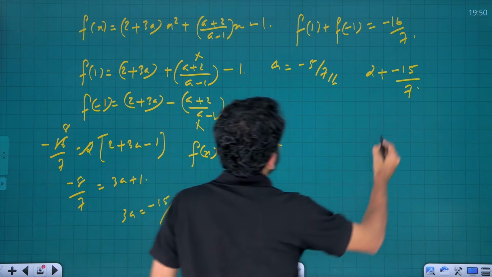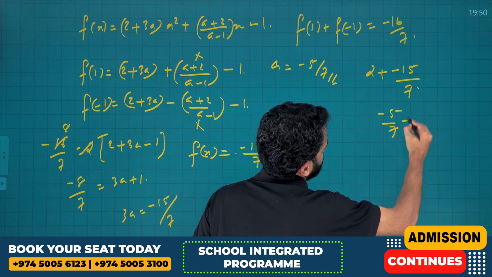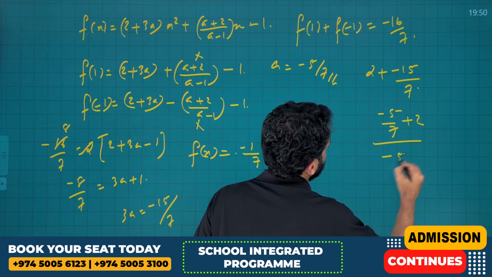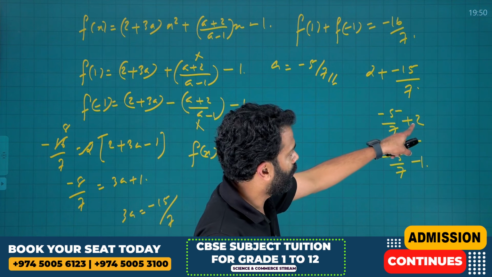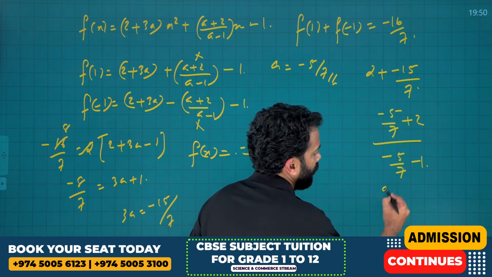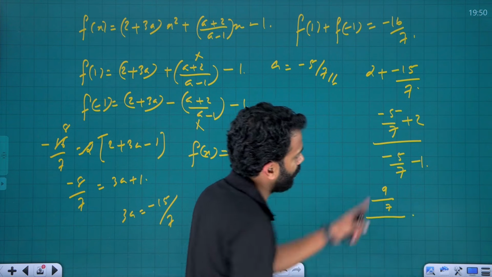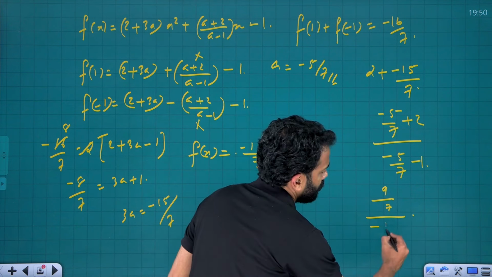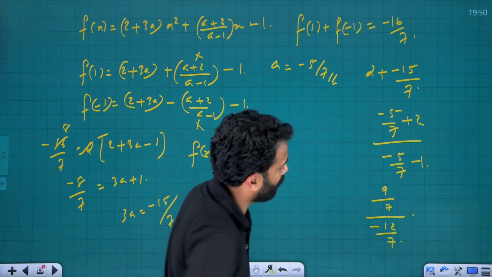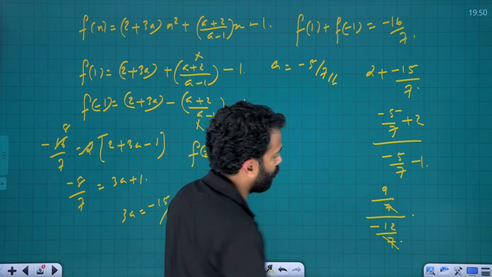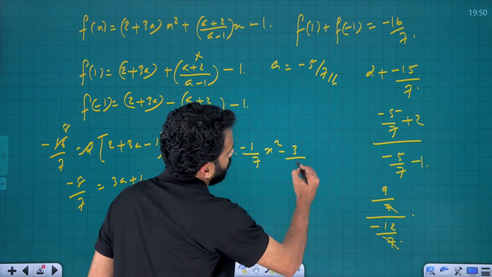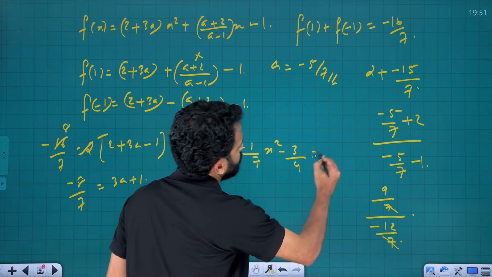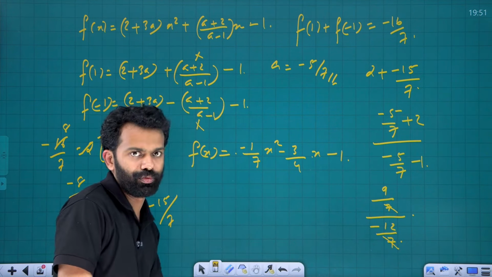Minus 5 by 7, that is minus 5 by 7 plus 2 divided by minus 5 by 7 minus 1. Okay, that is 14 minus 5 is 9, 9 by 7 divided by, this is what? Minus 12 by 7. Okay, therefore 7 and 7 got cancelled, that is minus 3 by 4, minus 3 by 4 into (x minus 1). This is what f of x is.